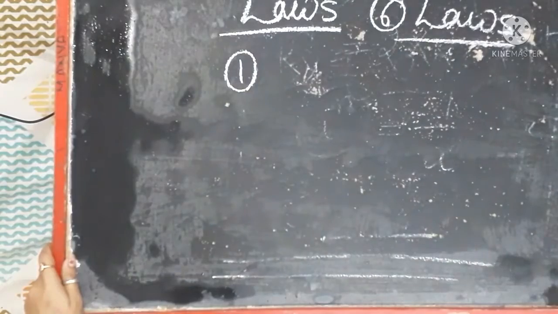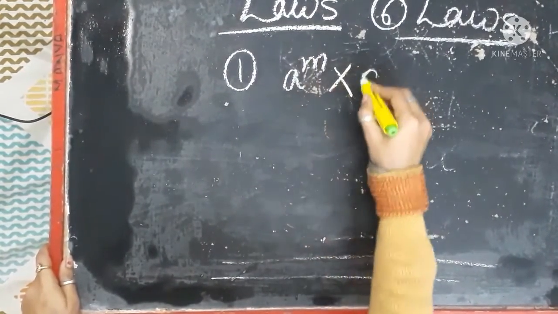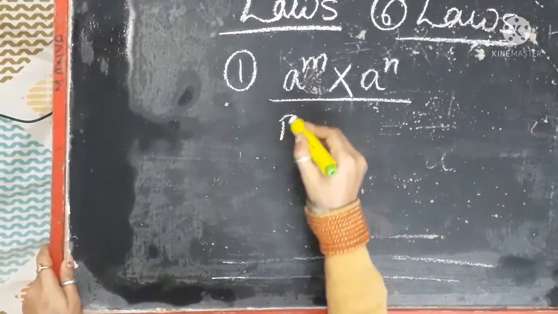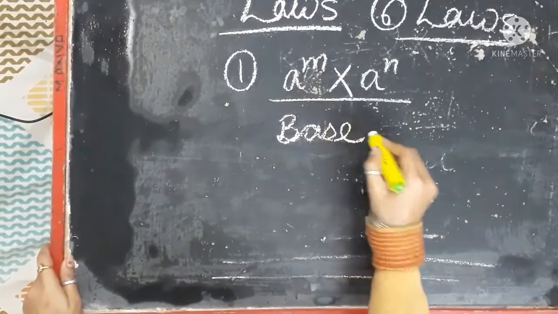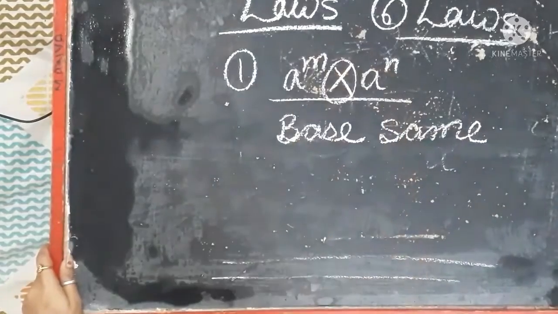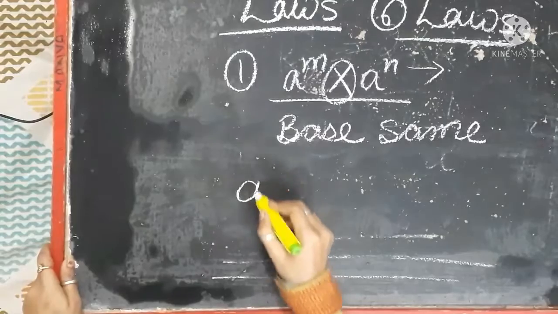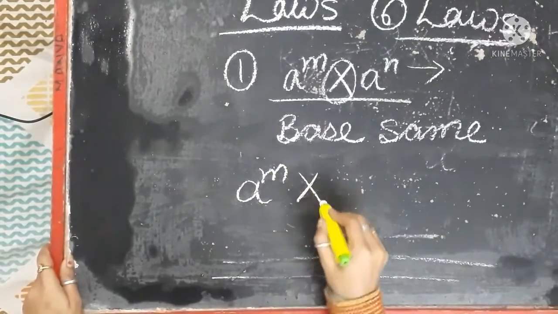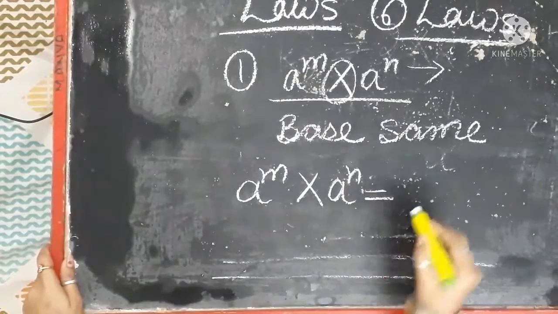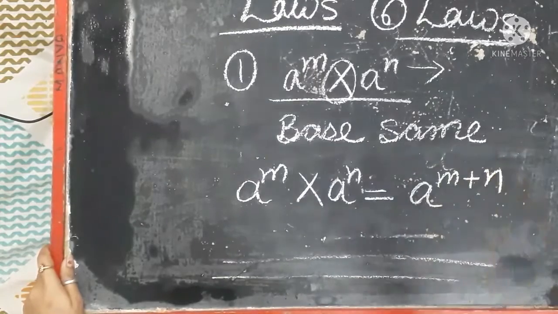First law says a raised to the power m multiplied by a raised to the power n. If the bases are same and they are in the multiplication operation and the powers are different, in that case a raised to the power m into a raised to the power n is always equal to a raised to the power m plus n.